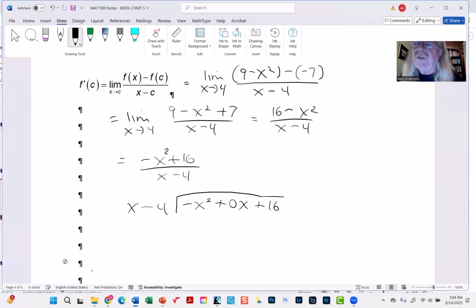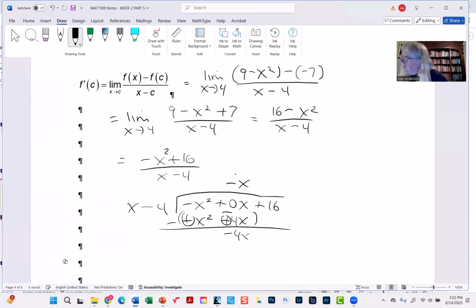By the way, when you're doing long division like this with polynomials, don't forget about the placeholder here for the x that's missing. So we'll have minus x, subtract, which means this becomes positive, this is negative. And then if we use -4 here, we subtract. So what this means is that this whole expression can be reduced to negative x minus 4.